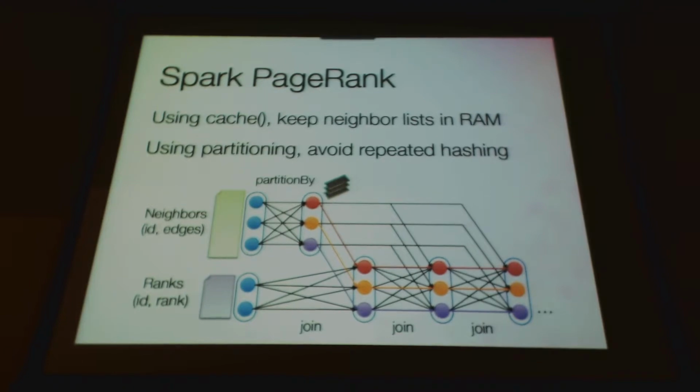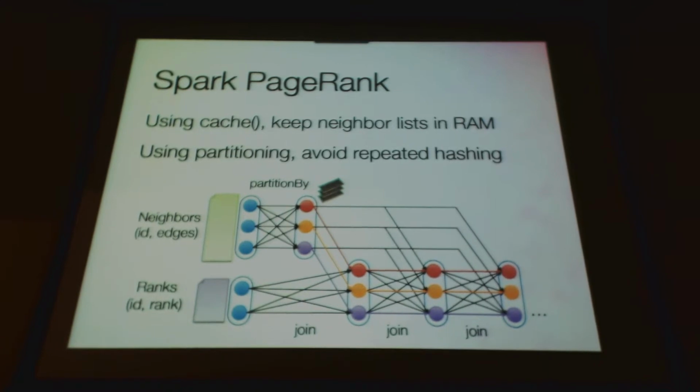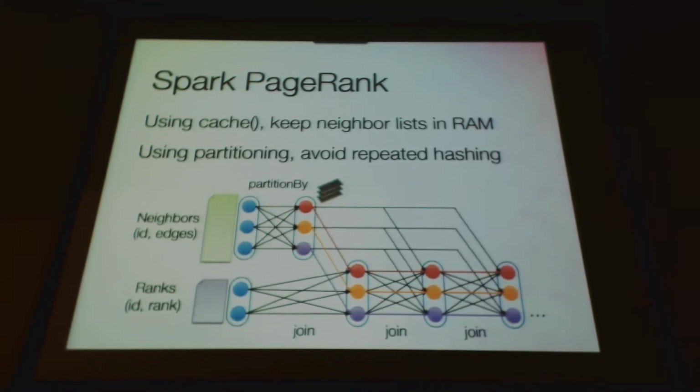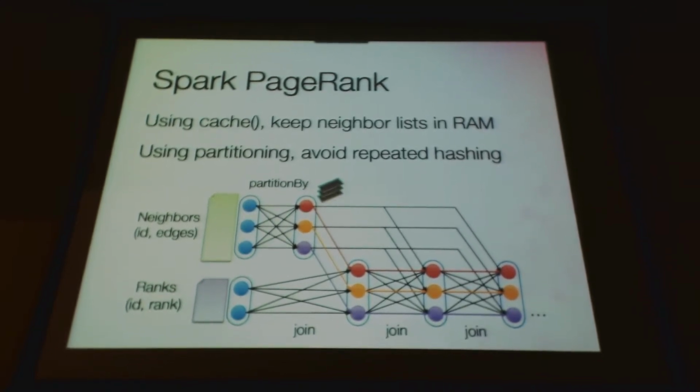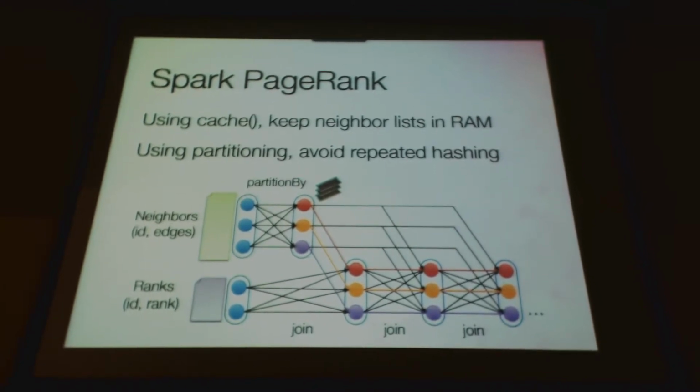In the case of Spark, I showed this in the last talk I gave, so I won't go into too much detail, but basically if you had this on MapReduce, you would have 2 MapReduces per iteration. One, to distribute the current guess for the PageRank across the neighborhood graph, and two, just to take the new guess and annotate the neighborhood graph with that new guess. So two MapReduces.